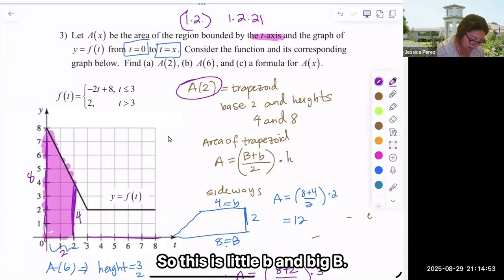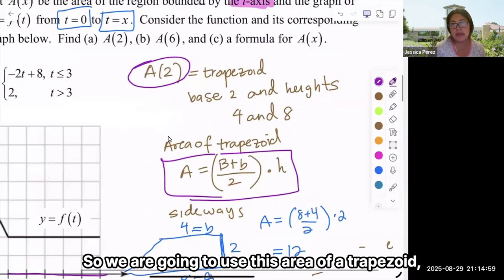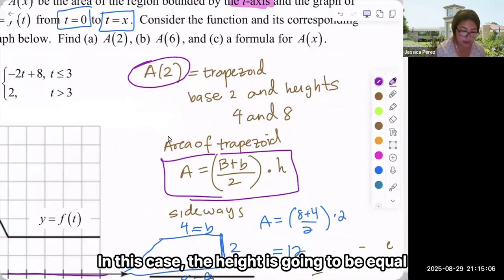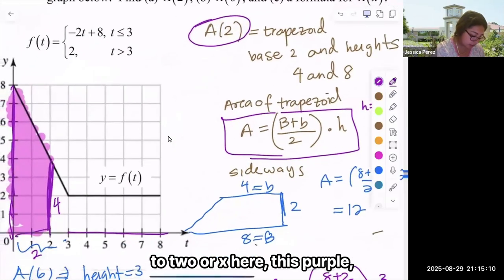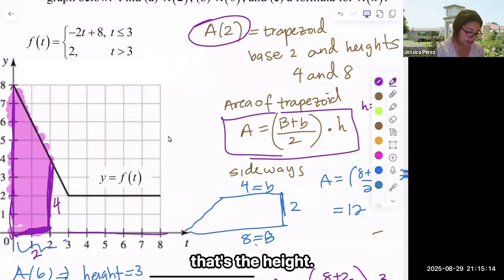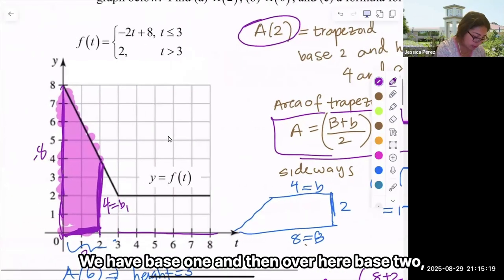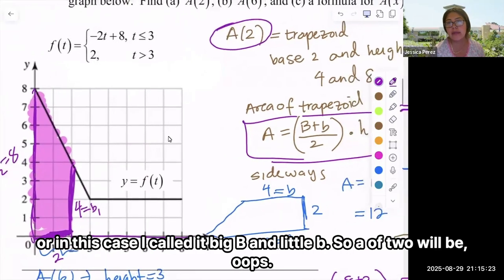So this is little b and big B. We are going to use the area of a trapezoid, big B plus little b over 2 times the height. In this case, the height is equal to 2, or x here, this purple. That's the height. We have base 1, and over here, base 2, or in this case, I called it big B and little b.